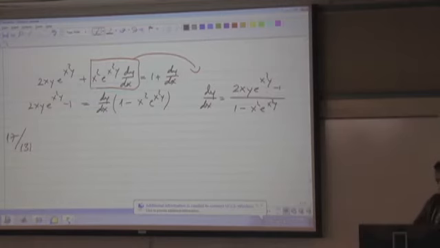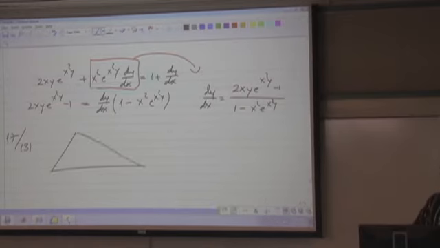Remember what I said about word problems, and especially related rate problems. Read the problem first to get a feel for what you're looking at. Draw a picture and start putting what you know in the picture. So what do we know? The altitude of a triangle is increasing at a rate of 1 centimeter per minute. We're not told anything about the triangle, so it'll just be some random triangle.